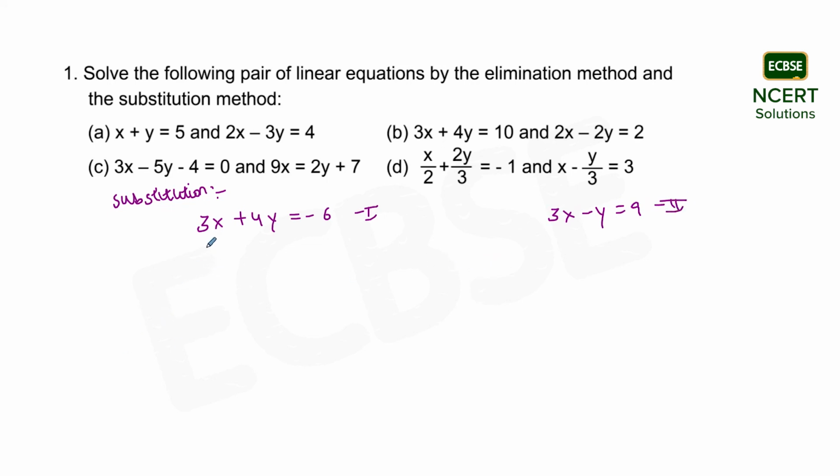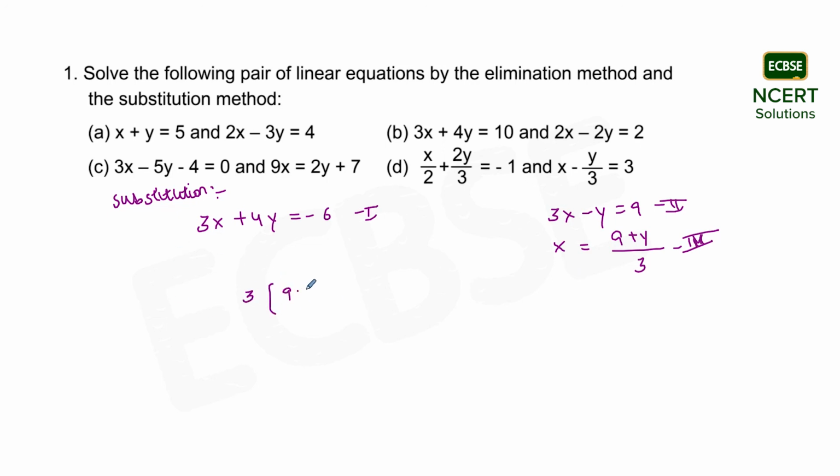Now let me take the value of the variable x from the second equation. Here the second equation gives the value of x to be equal to 9 plus y divided by 3. Let me mark this as the third equation. Okay, this is the third equation. Now substitute this value of x in the first equation.